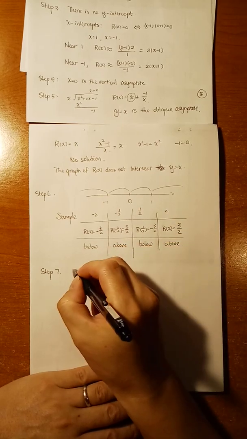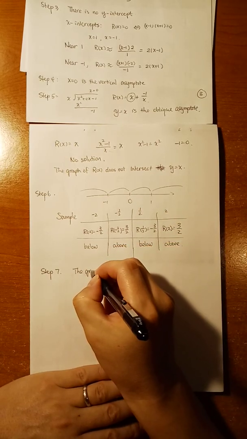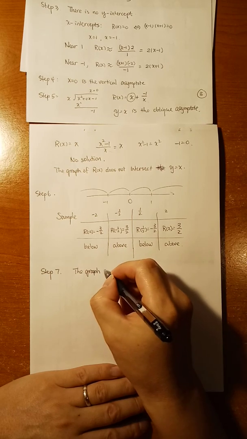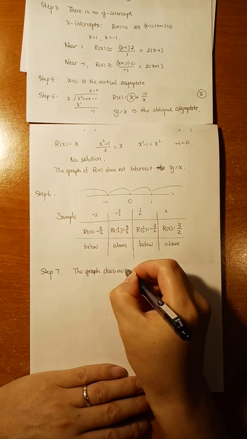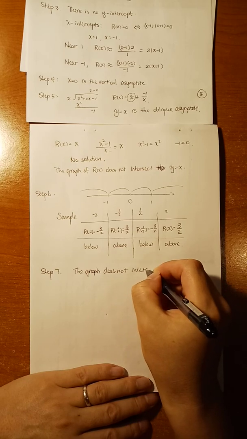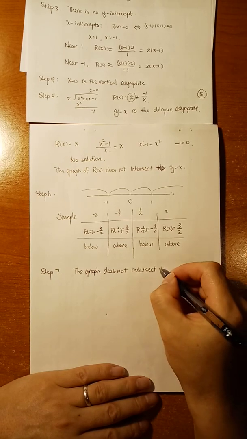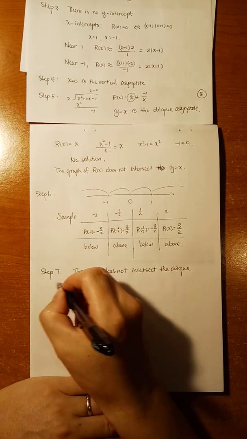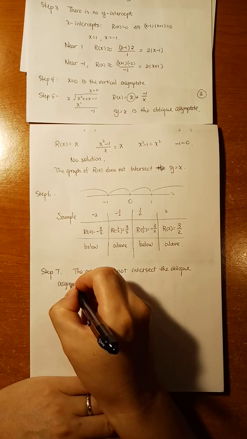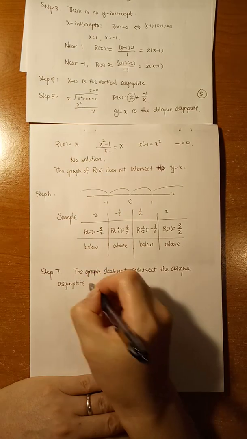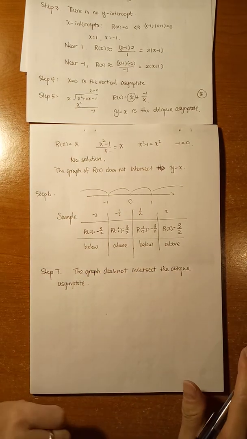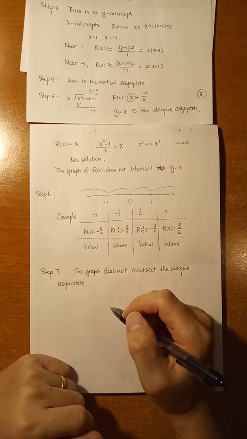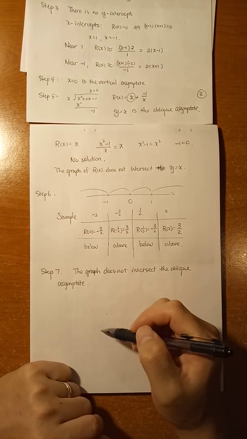Okay, so because this part is always below the x-axis, and this part is always above the x-axis, and the graph does not intersect the oblique asymptote, we have the following stuff.